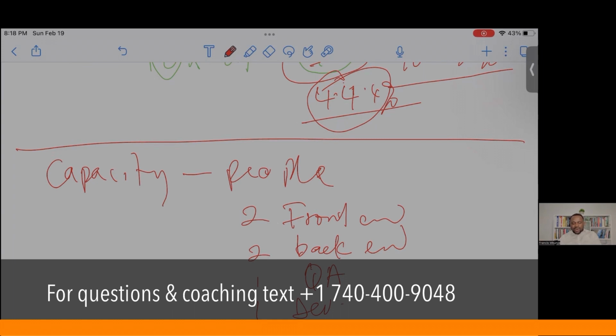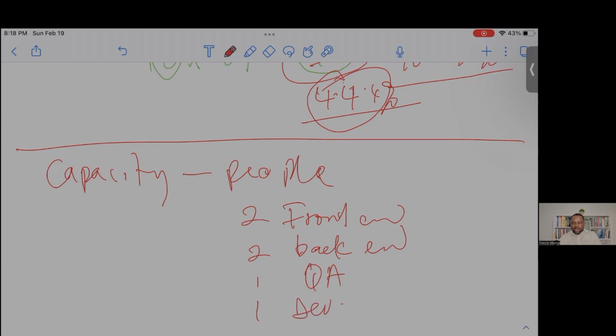Now, the reason why your capacity is important is because it helps you to know how to plan your work. Let's say you have 2 front-end developers. It means that you cannot plan more work than the number of story points these people can take. You cannot plan too much work on the front end.